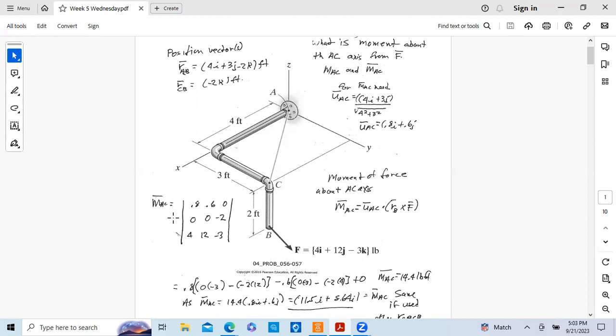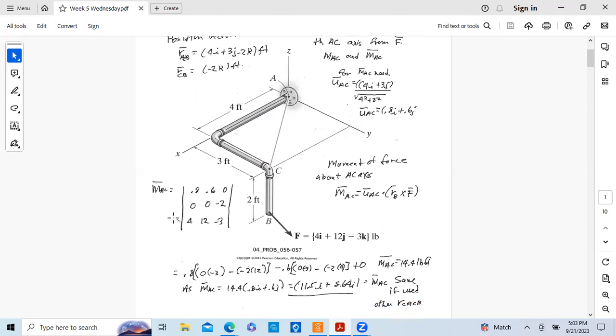We solve this, and I did it down here. Just briefly go through this with you. The first term is the 0.8 times this 2x2 here, which is 0 times minus 3, which I have here.